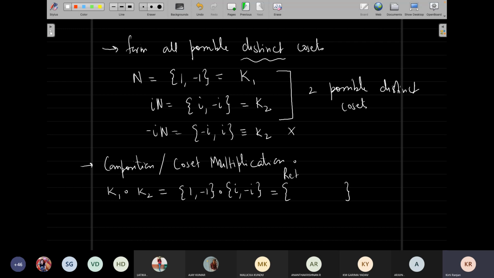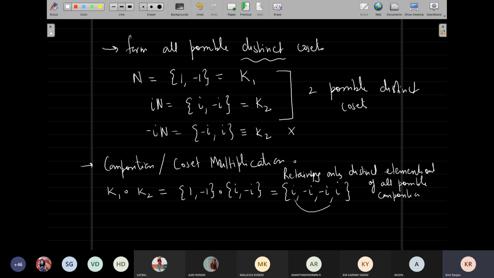And retain only those elements which are distinct, out of all possible compositions. So 1 into i will give you i, 1 into minus i will give you minus i, minus 1 into i will give you minus i, minus 1 into minus i will give you i.